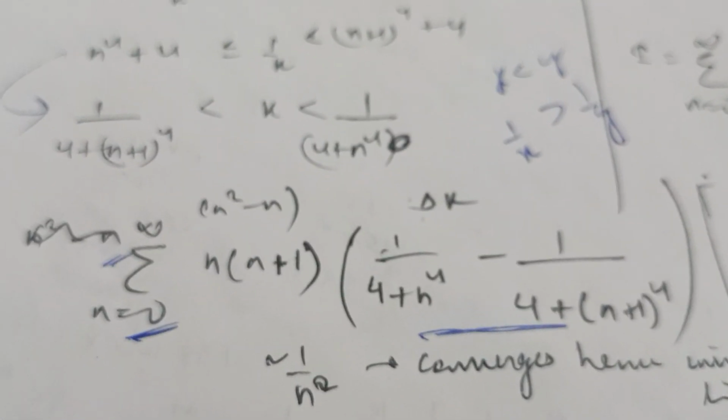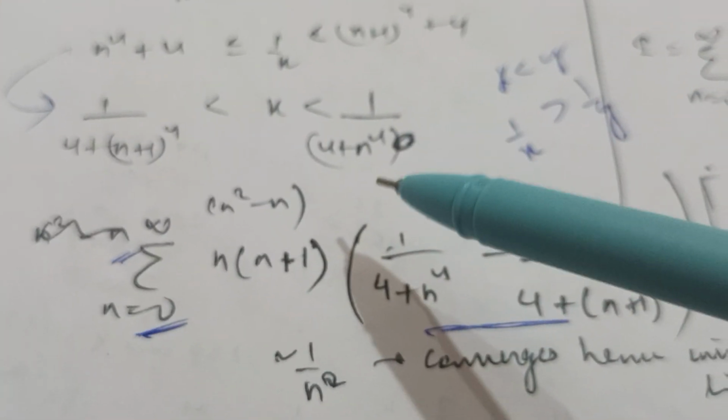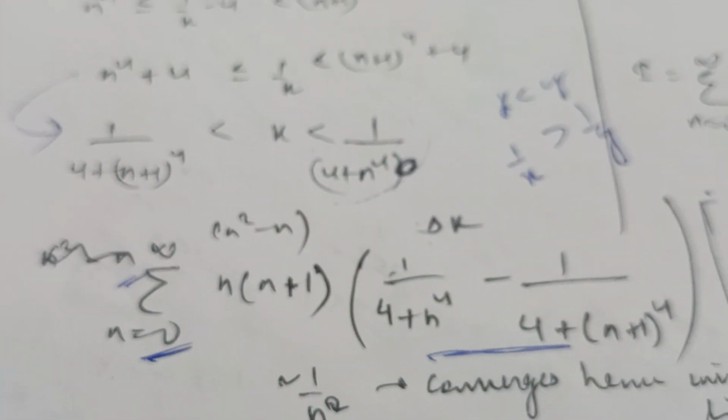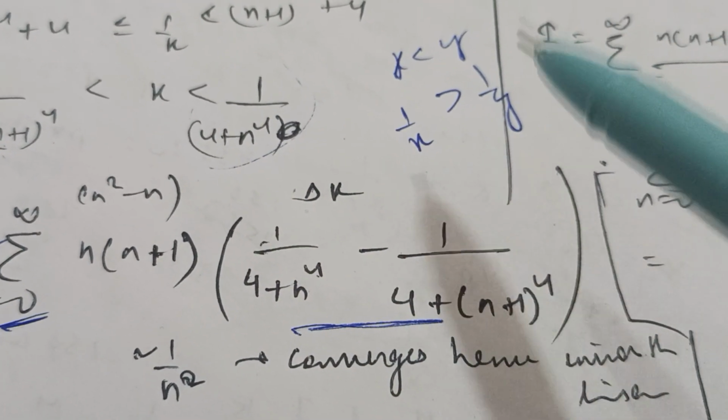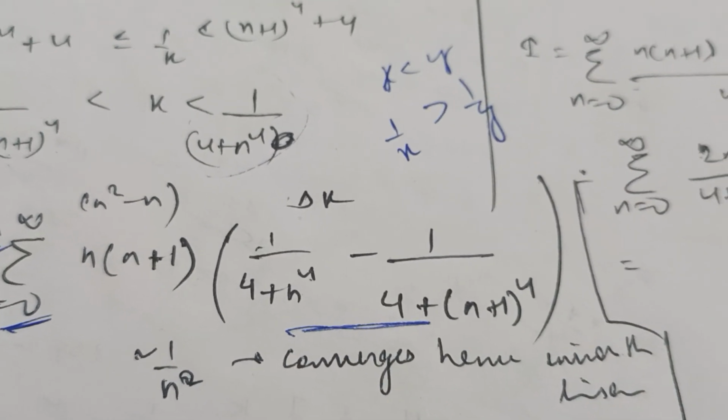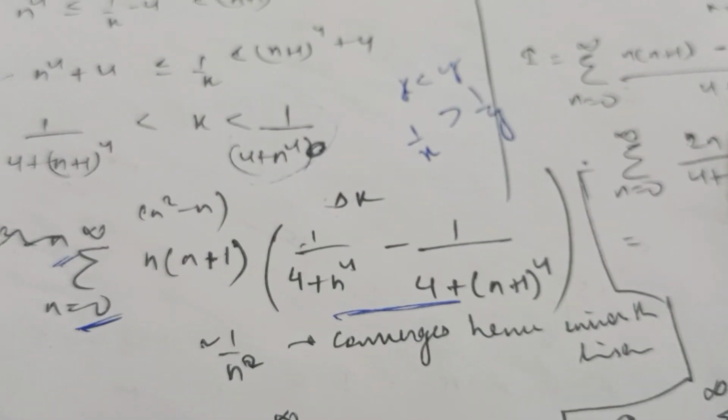Delta xn will be nothing but the difference of consecutive terms of this. So just put n equal to n, and then put n equal to n plus 1, and the difference of that will be delta xn, the difference of consecutive terms. That's it.